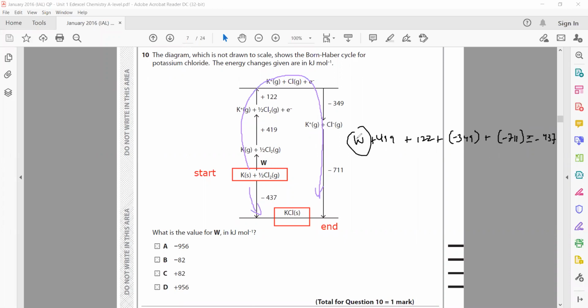So we will solve for W. It will come out as 82 kilojoules per mole. So C will be the right answer.